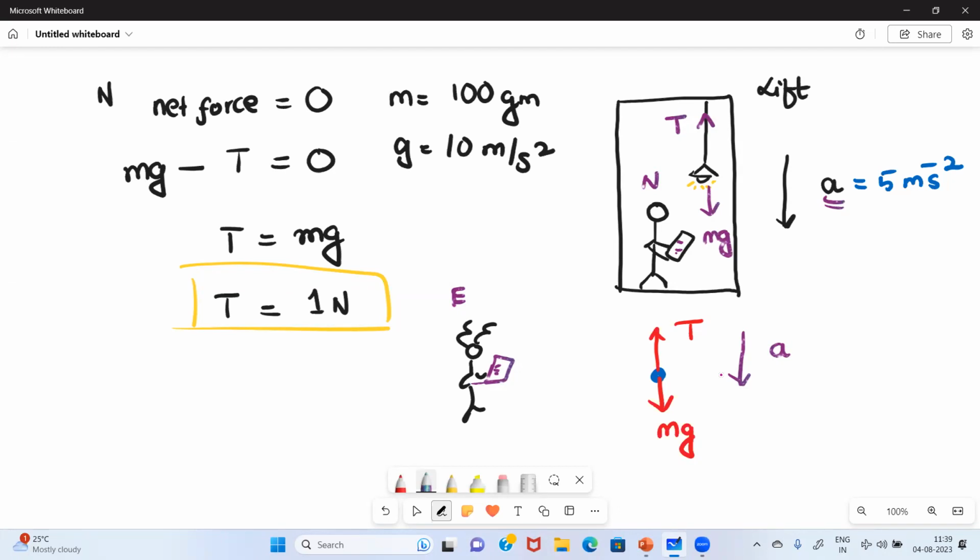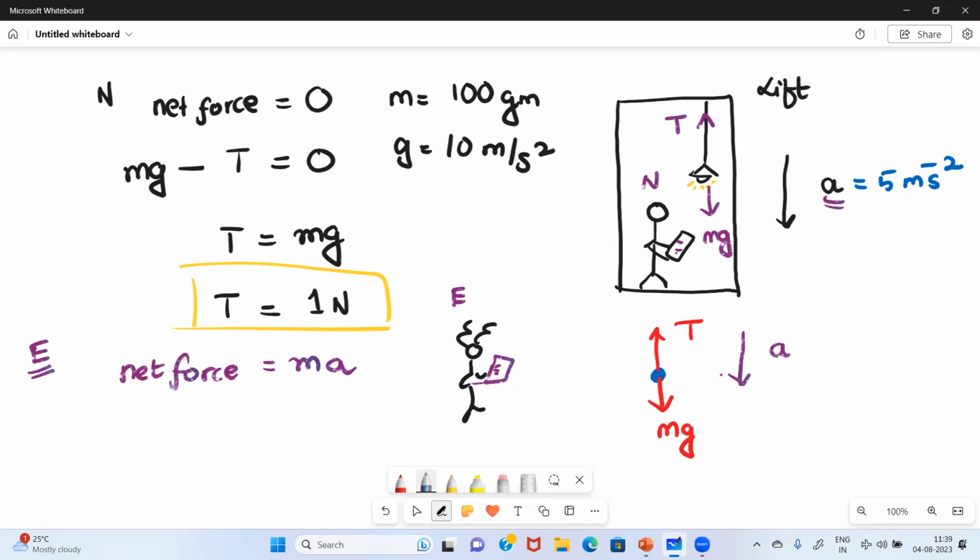What is the net force equal to in this case? In that case, net force was 0. Here, net force will be equal to? Louder? What is net force, ma? Newton's second law. M into A. Net force is equal to M into A. But what is net force?